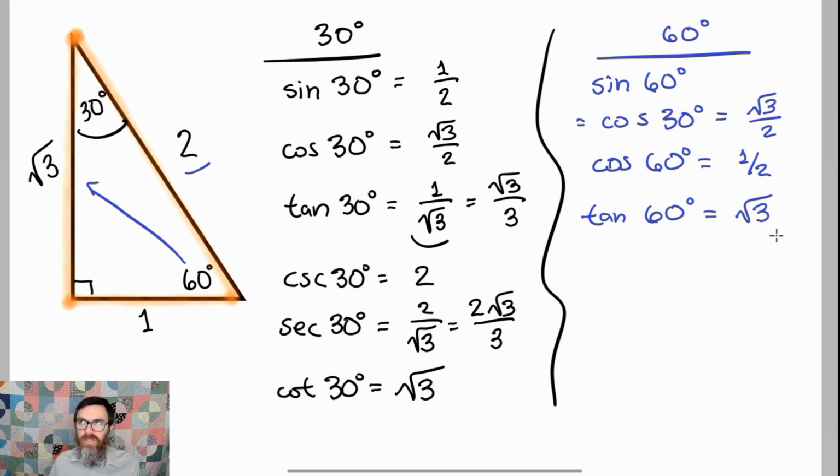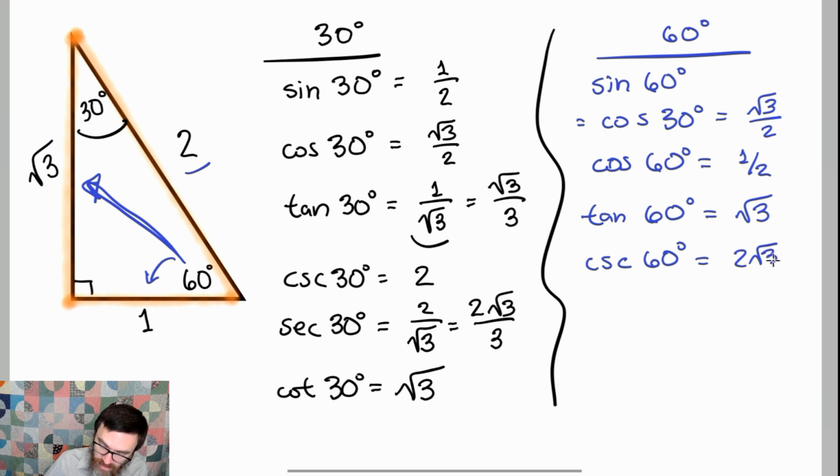Again, you could also see this as tangent is the opposite over the adjacent, so square root of 3 over 1, the square root of 3. The cosecant of 60 degrees should equal the secant of 30 degrees. And that's already done for us, 2 square roots of 3 over 3.